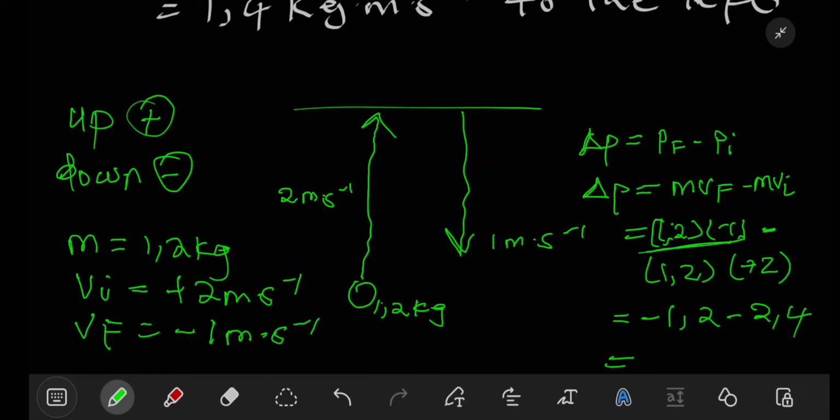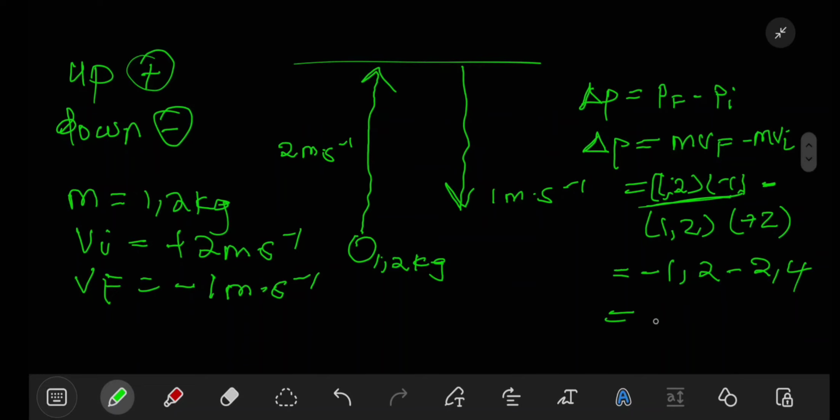Now we have minus 1.2 minus 2.4, and we get negative 3.6. So this negative shows us what? The direction. Our final answer should be written as 3.6, with the units kg meters per second, and this negative becomes the direction.